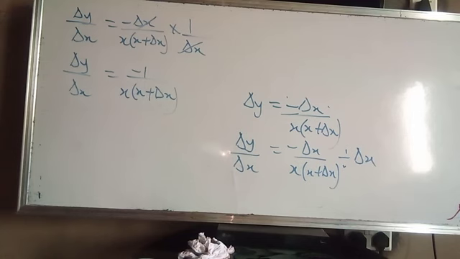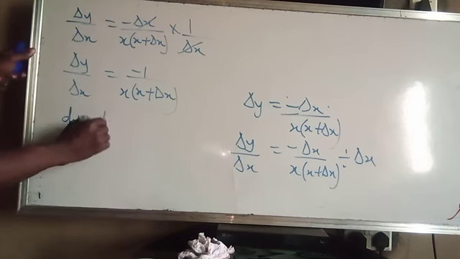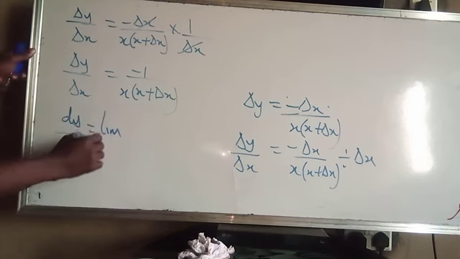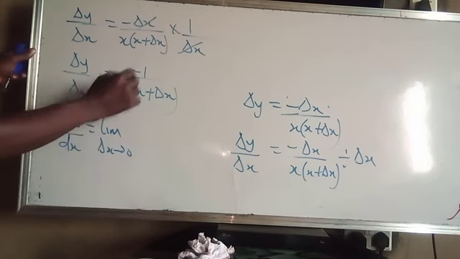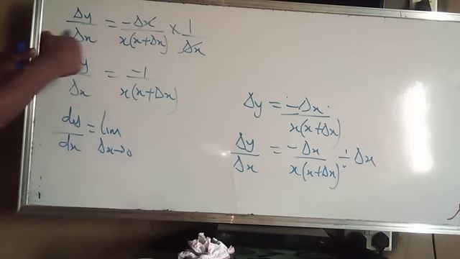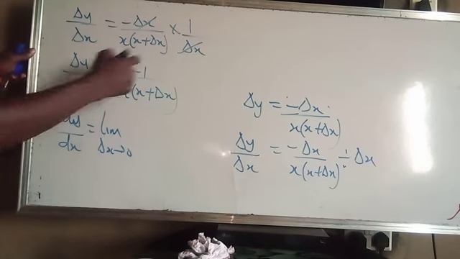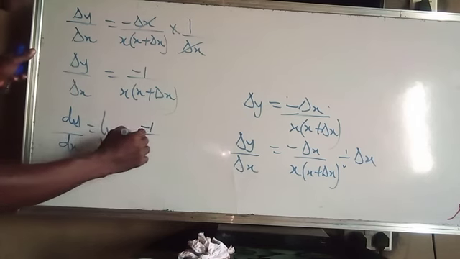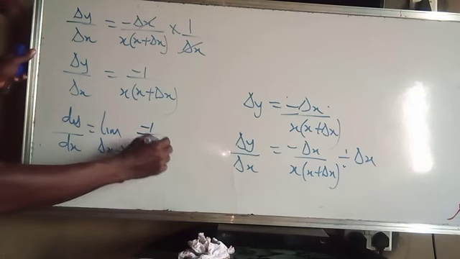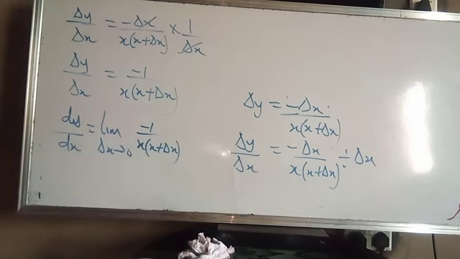So the next thing is now what? To find the limit, now to get your dy dx. So dy dx now will be the limit as delta x now tends to 0 of your change in y with respect to x, so you can write minus 1 over x into x plus change in x.